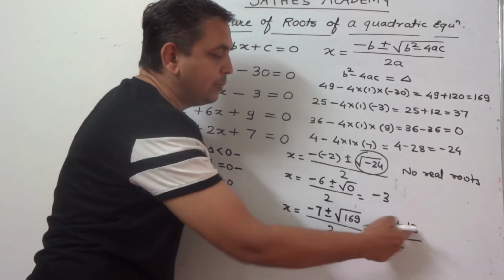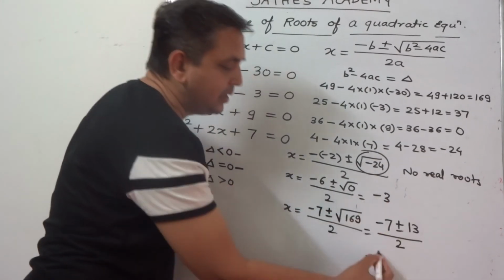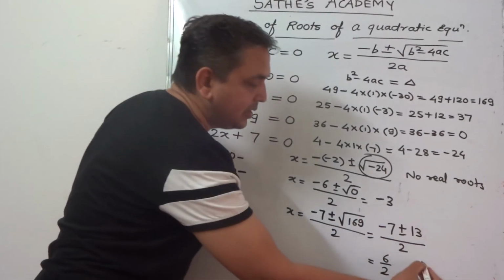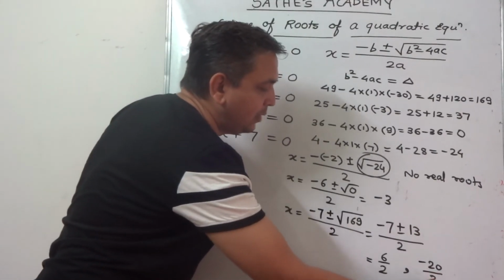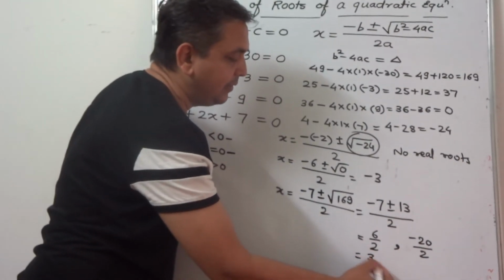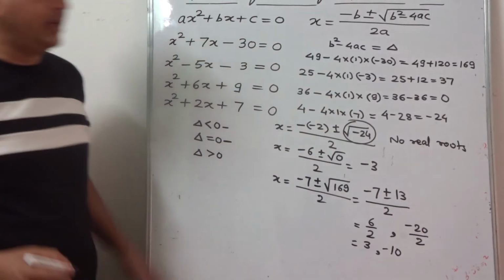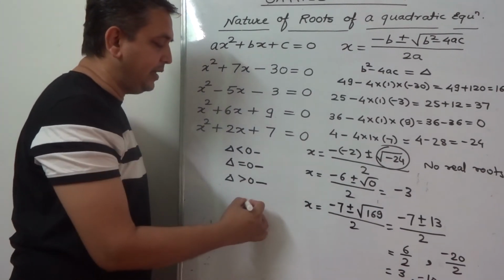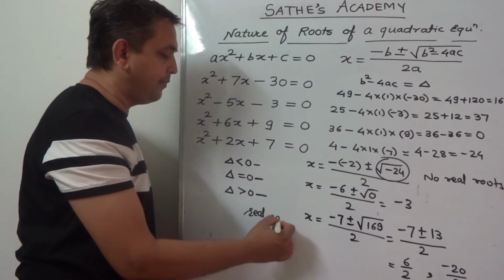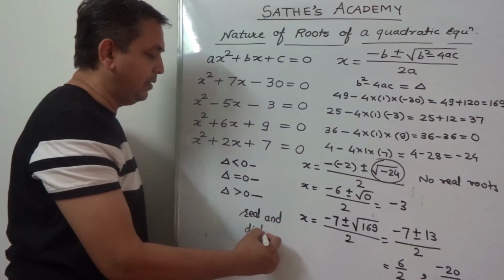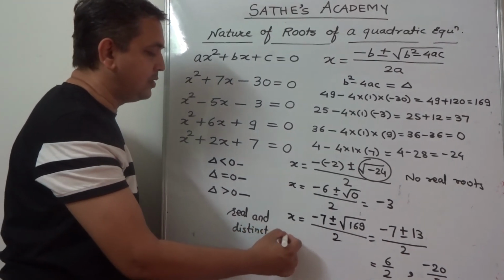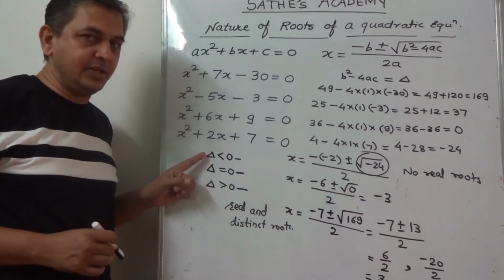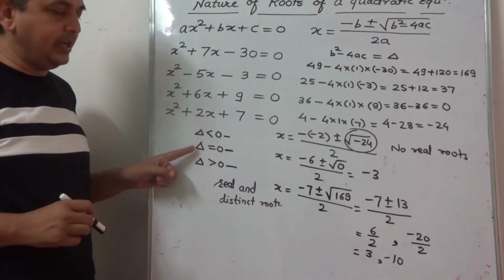If we use the first value plus 13, we get minus 7 plus 13 is 6 upon 2, or minus 7 minus 13 is minus 20 upon 2, that is 3 and minus 10. So we get two distinct roots. So if delta is greater than 0, we get real and distinct roots.